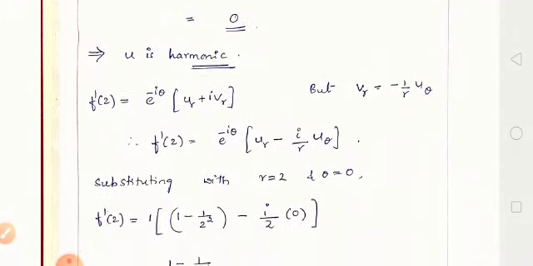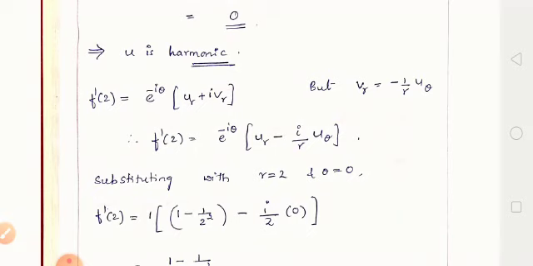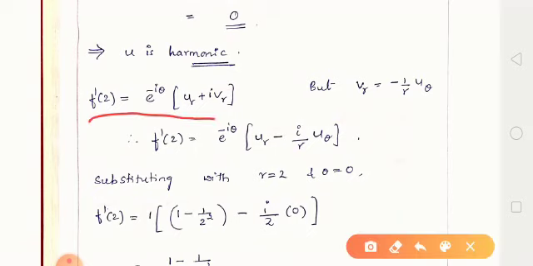Now we have to find the analytic function f of z. For that purpose, we will use the formula f dash of z equals e power minus i theta into (u r plus i into v r). Now, by the Cauchy-Riemann equation, we substitute for v r. So we get the expression for f dash of z as e power minus i theta into (u r minus i by r into u theta).